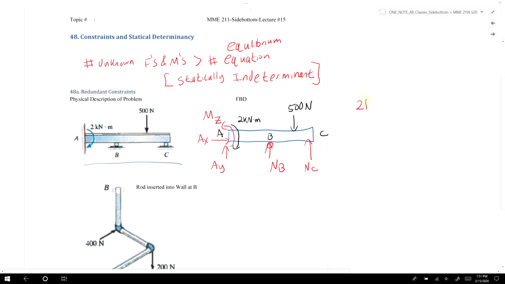Since it's 2 dimensions, we have at most 3 equilibrium equations: the sum of the forces in x is equal to 0, the sum of the forces in y is equal to 0, and the sum of the moments about the z-axis has to be equal to 0.